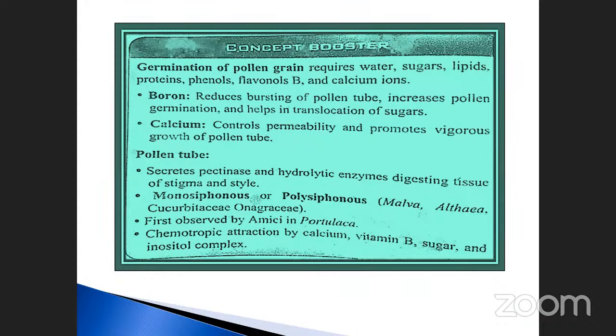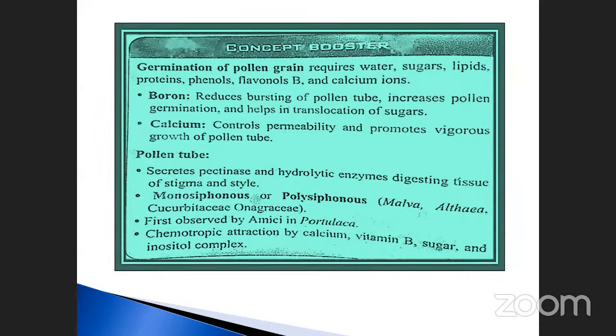So particularly when the pollen grains reach the stigma, these contents are essential. These nutritional substances are also essential for the growth of the pollen grains, particularly water. Okay, water, sugar, lipids, and protein, phenols, flavonols, B, and also calcium ions are very essential.